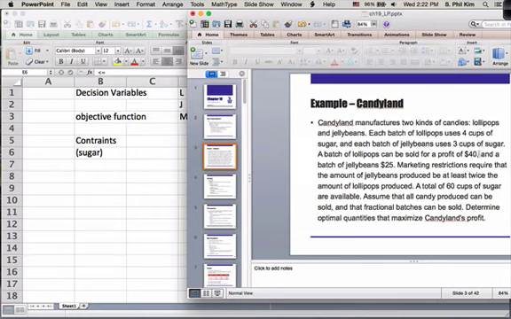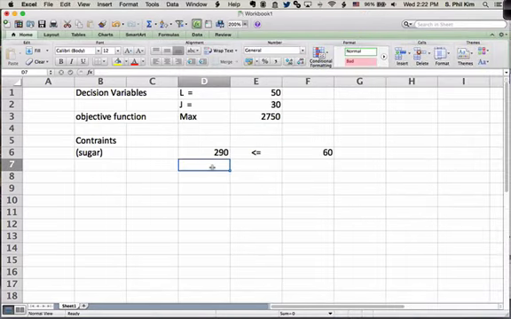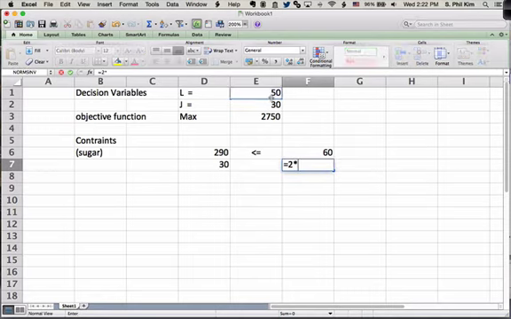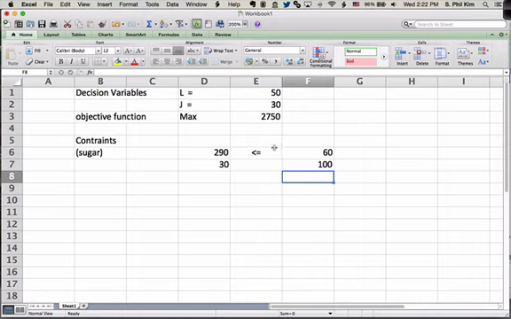And the second thing is the marketing constraint. Required J should be at least, so this should be greater than or equal to 2 times lollipop, right?